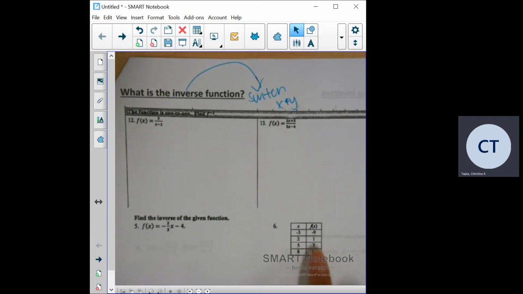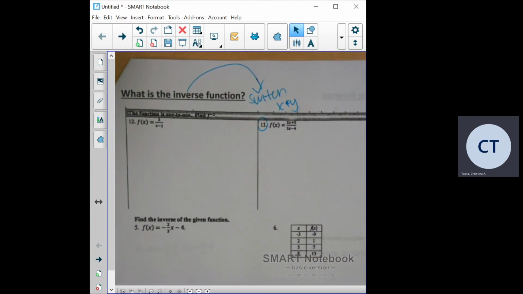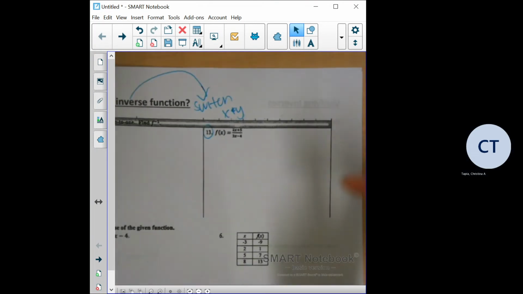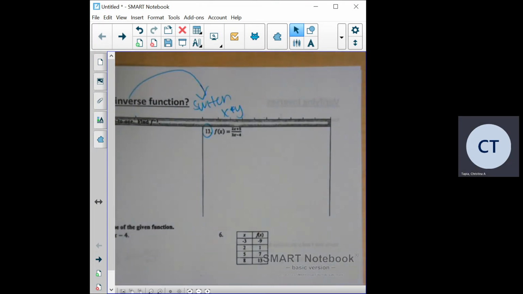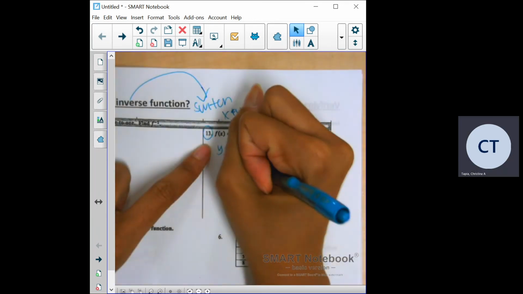The most, quote, difficult question that we have here, I think, is 13. So I'm going to go through 13 with you, but then I'm going to move on. The rest of this page is just extra practice for later. First thing, if you don't remember the steps, you might want to write these out. The first step, whenever you're finding the inverse, is to replace f of x with the y.